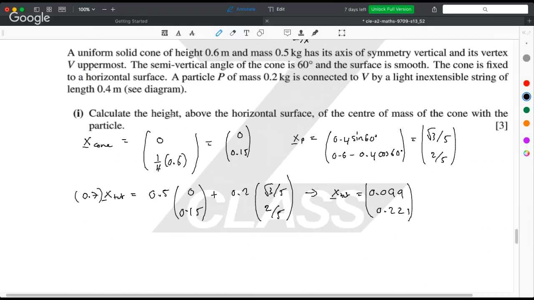The question is asking for the height above the horizontal surface. That's the y coordinate. So y is equal to 0.221 meters.